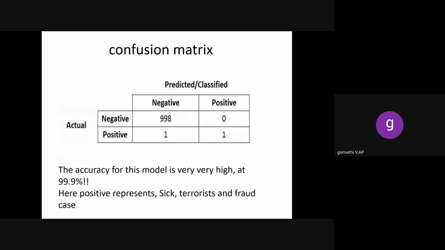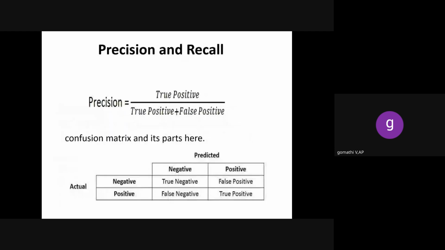Next one is precision and recall. Precision is calculated as true positive divided by true positive plus false positive.